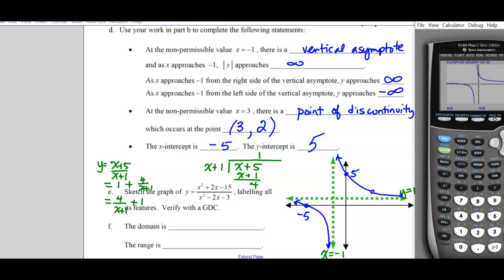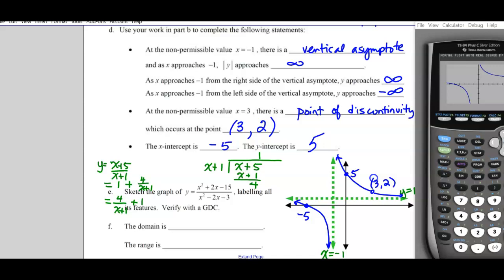Okay, so I can't see my point of discontinuity in this. I can do my decimal. Let's see. Okay, I should label that 3, 2. But if you wanted some more exact points in between, then you could use the transformation step.